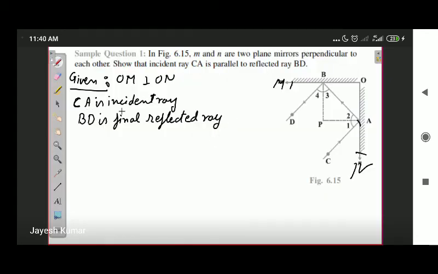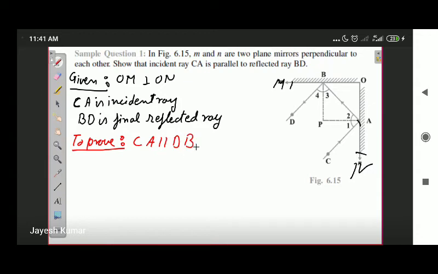So CA is the incident ray, BD is the final reflected ray. We have to prove that both CA and BD are parallel to each other. Line CA is parallel to BD, or we can say DB.